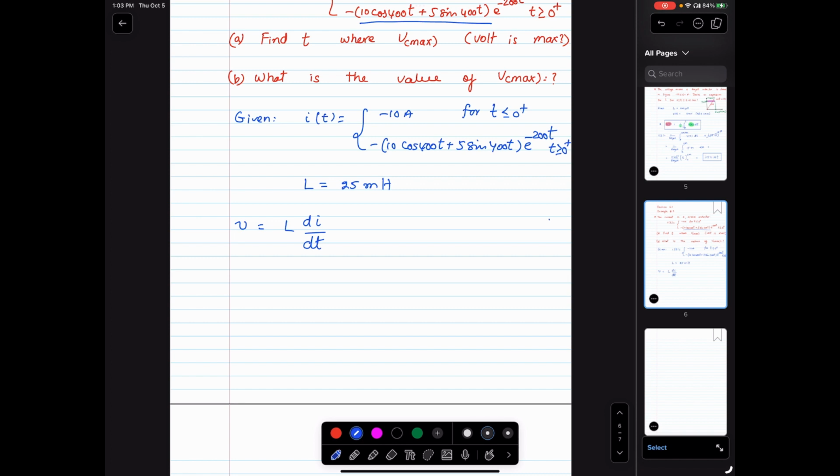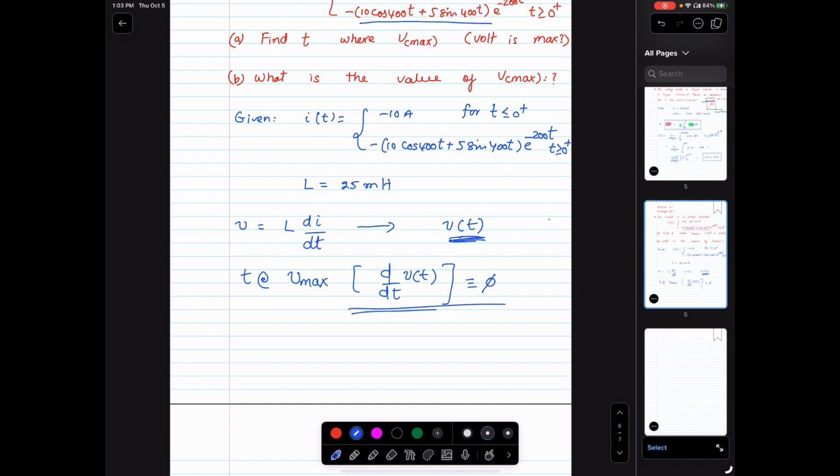Once you do that, you will get an expression of voltage in terms of time. This is going to be an equation, a curve. In order to find the time at which this curve is maximum, you take the derivative of this function v of t from the previous step and equate that to 0.